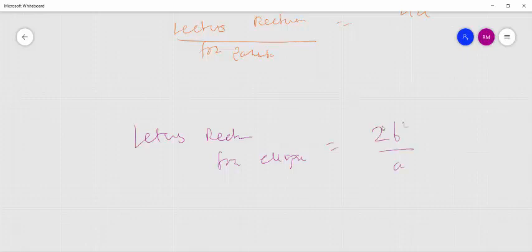If you type latus rectum for parabola, ellipse, like that, the formula is provided. The equation will be x minus h whole square upon a square plus y minus k whole square upon b square equal to 1, like this. This is the equation of an ellipse. So such things we need here, that the semi-major axis is there, the semi-minor axis is there. That we also have to study.